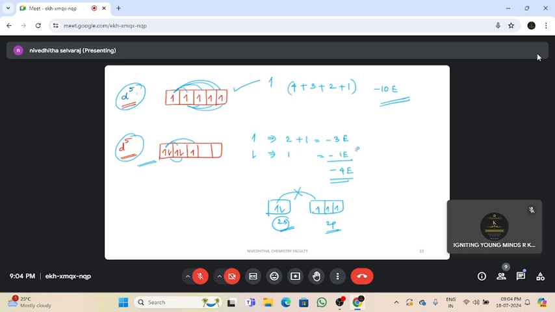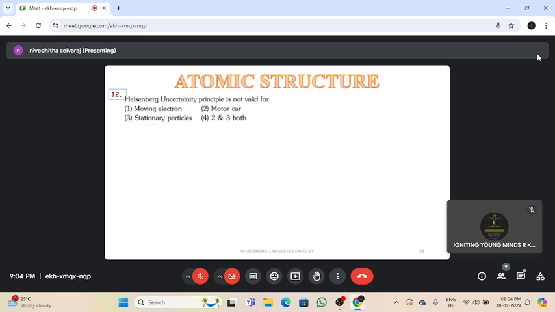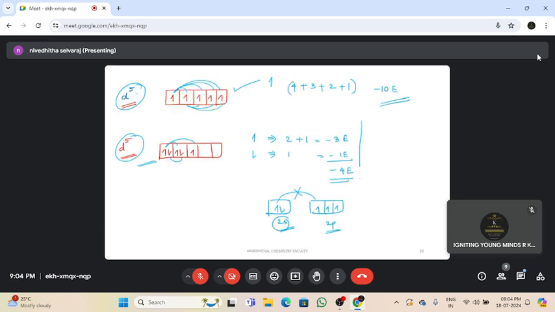Are orbitals and subshell the same, ma'am? No, they are two different terms. See, shell is nothing but K, L, M, and all that. For K, n value is 1. Each shell will have subshells, which are s, p, d, f. Each subshell will have sub-subshells, and they are called orbitals.